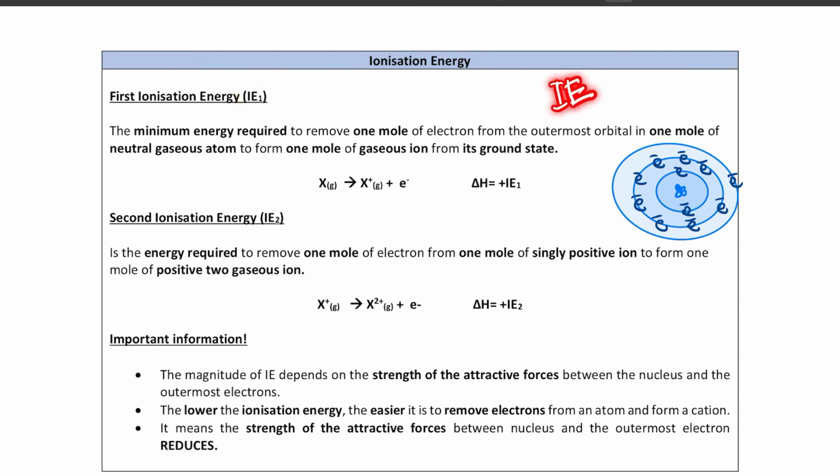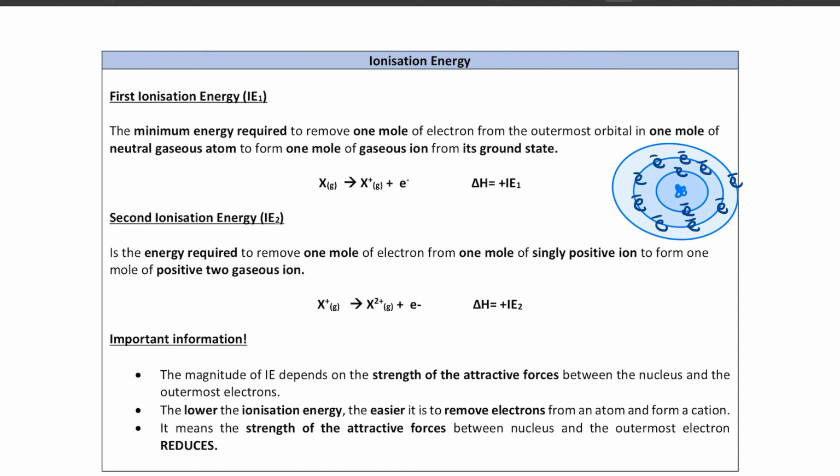IE stands for ionization energy, 1 here means first ionization energy lah. What is ionization energy? Minimum energy required to remove 1 mole of electron from the outermost orbital in 1 mole of neutral gaseous atom to form 1 mole of gaseous ion from its ground state. Okay, so itu definition dia.